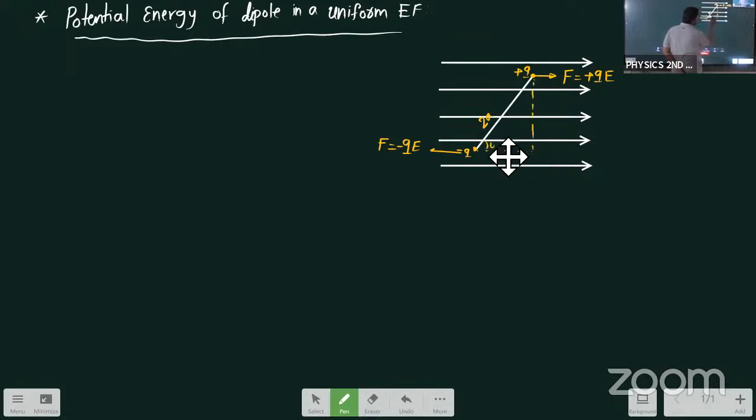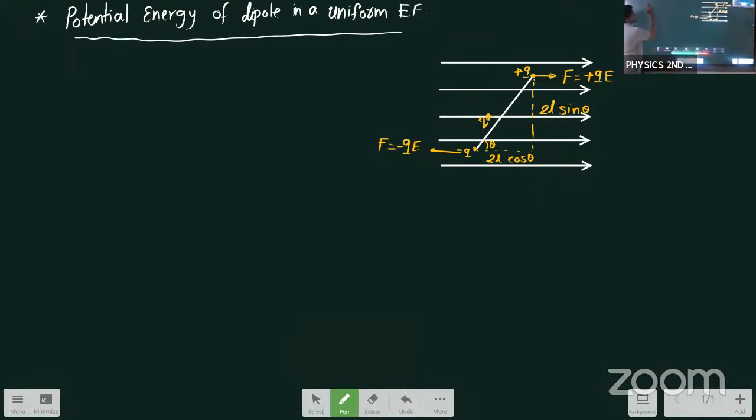This angle was theta and this component was 2a cos theta. These are the things we have already discussed in electric charges and field. Now we are going to determine the potential energy of this electric dipole whenever it is placed in a uniform electric field.